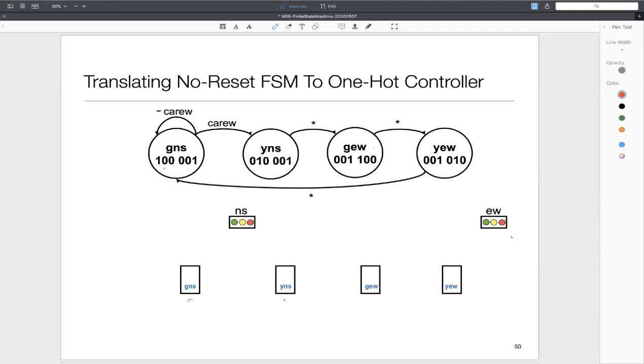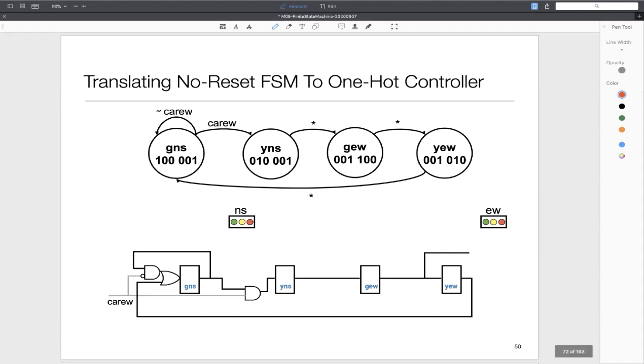That means that if there is a 1 in GNS, then at the next clock tick, I want YNS to become 1 and GNS to become 0. I don't need to worry about GEW and YEW. The way I can achieve this is like the following. If GNS is high and car east-west is high, then I make this input 1, so YNS will become 1. So I make the flip-flop input 1.